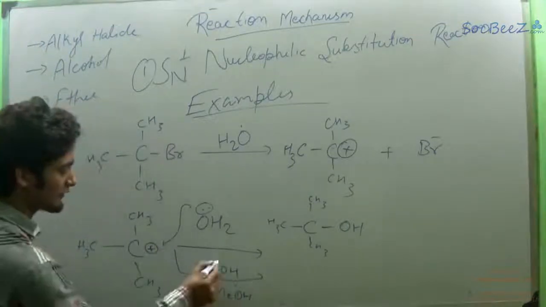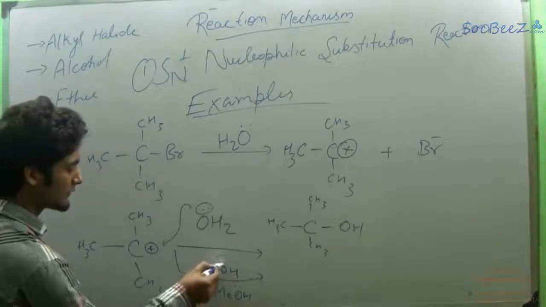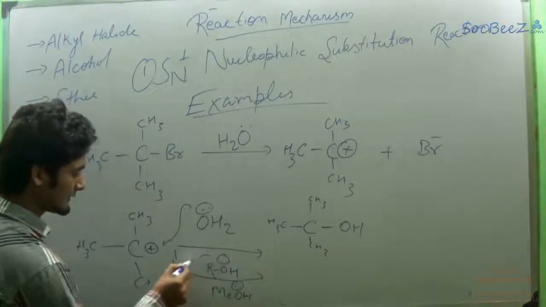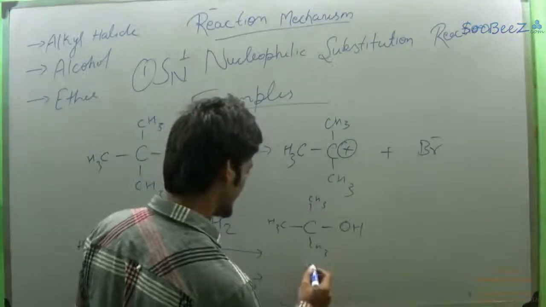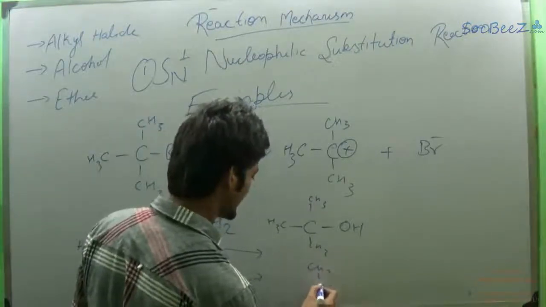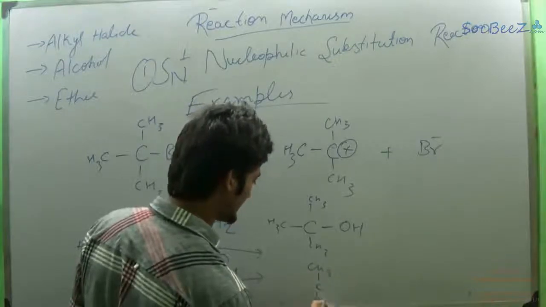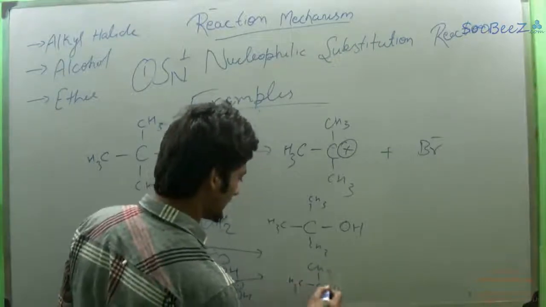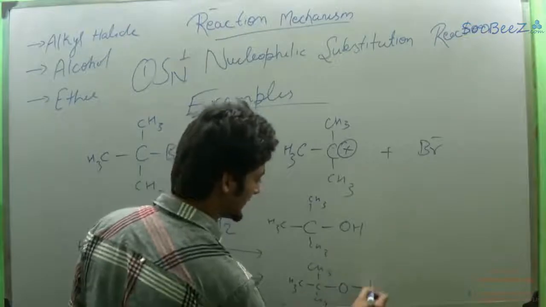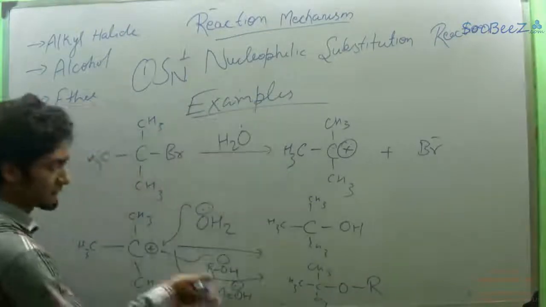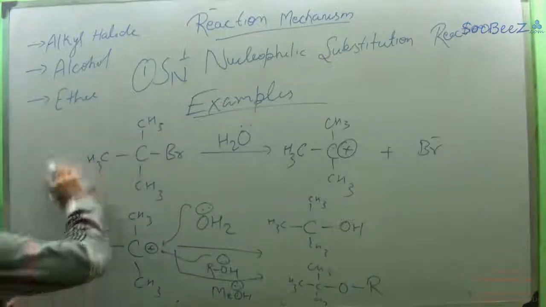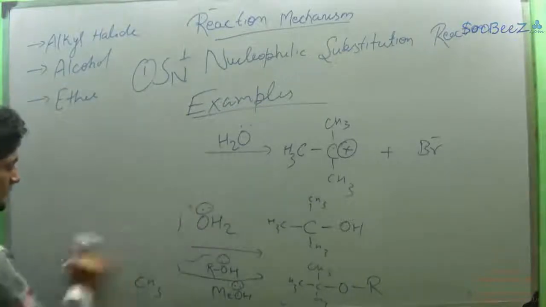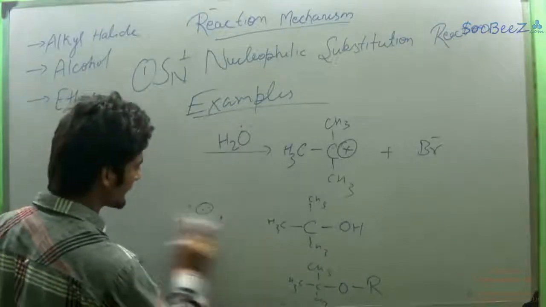So these oxygen lone pairs are available to attack, and this will form an ether molecule, CH3, C, CH3, CH3, O, and this will be R group, which in this case is methyl. So these are the two very generalized examples. Now we will have some very specific examples of SN1 reaction.